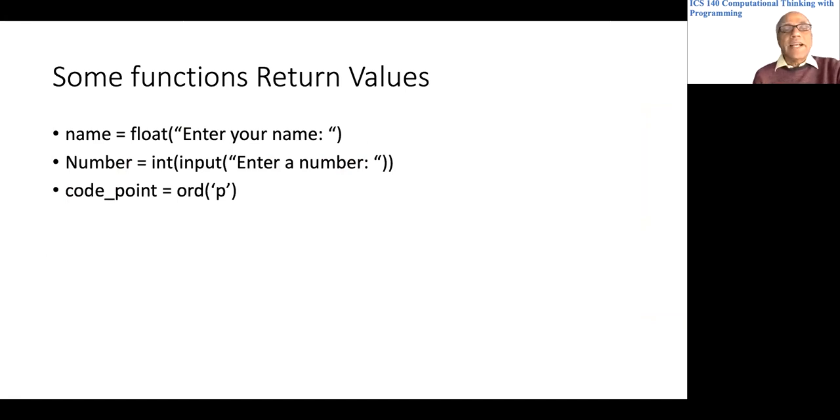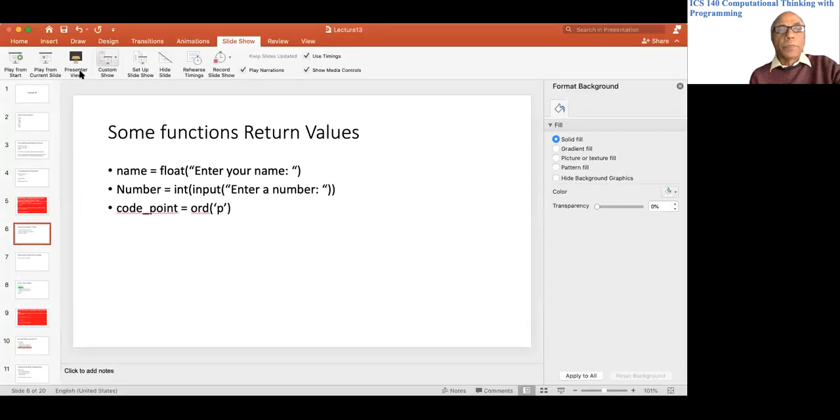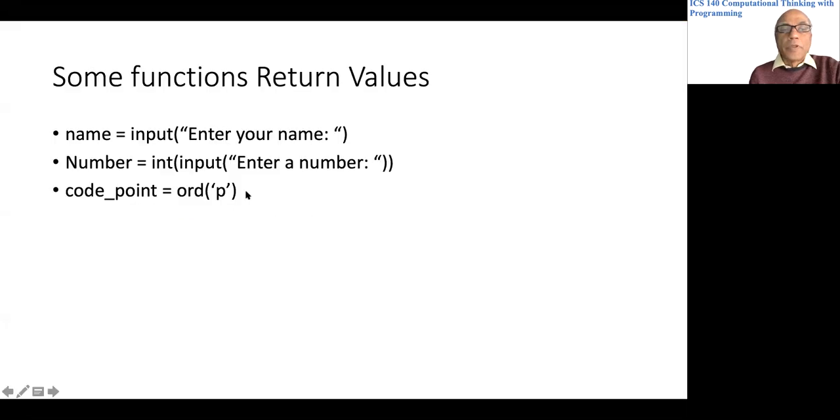Now, another characteristic of some functions is that they return some values when called. For example, in this statement, I have the input function called with the prompt enter your name.